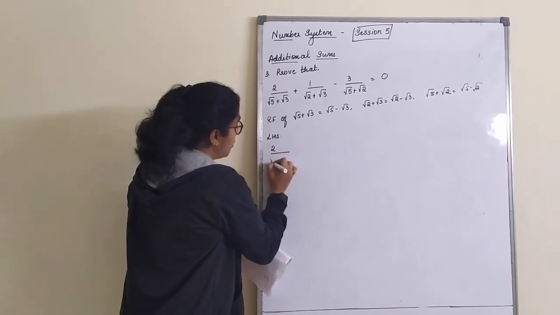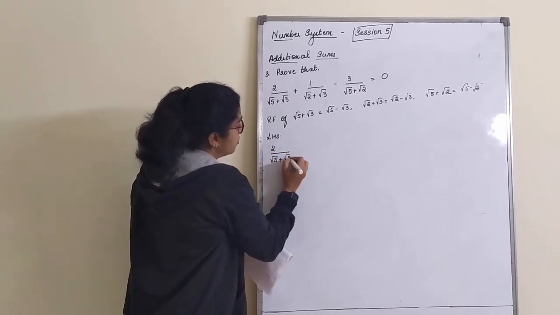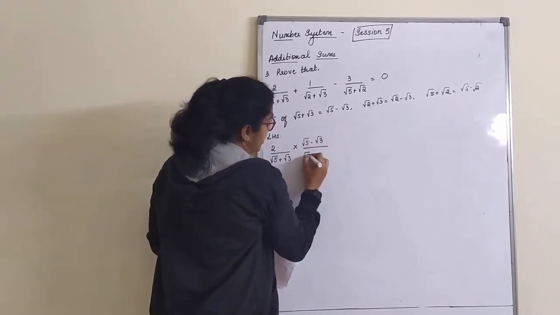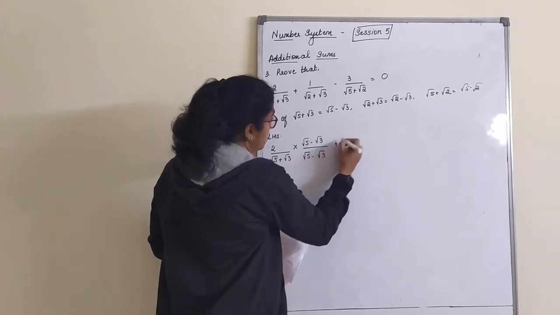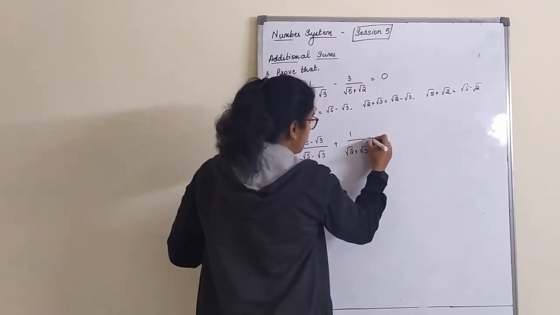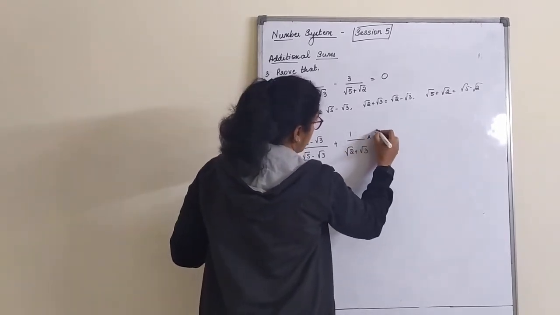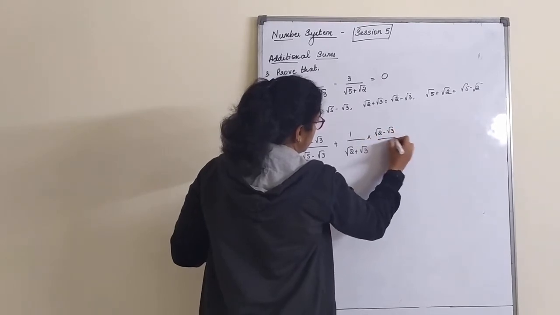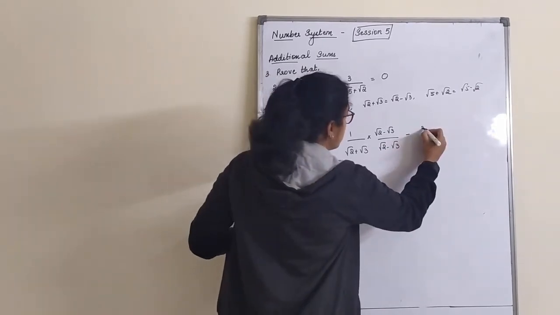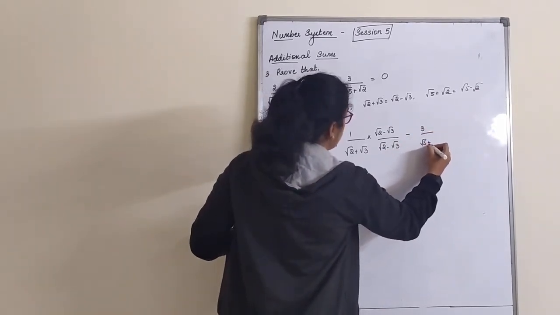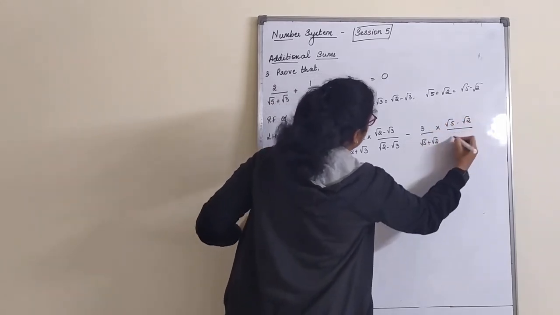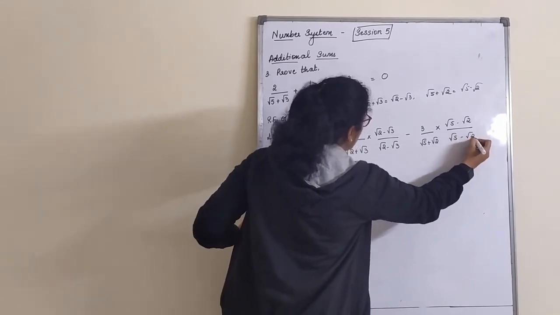LHS. 2 upon root 5 plus root 3 into root 5 minus root 3 divided by root 5 minus root 3, plus 1 upon root 2 plus root 3 into root 2 minus root 3 divided by root 2 minus root 3, minus 3 upon root 5 plus root 2 into root 5 minus root 2 divided by root 5 minus root 2.